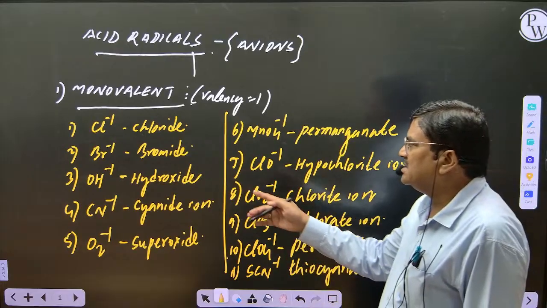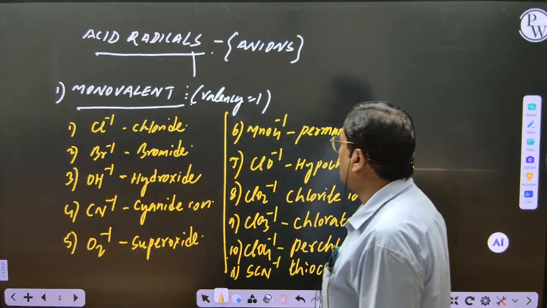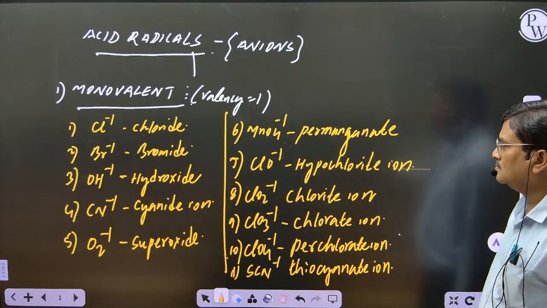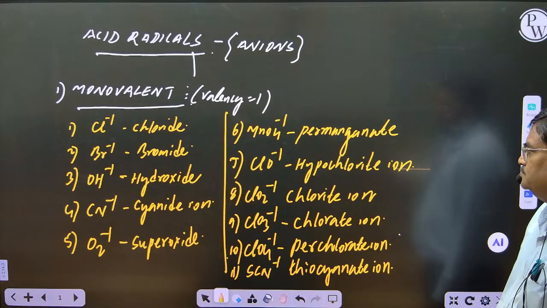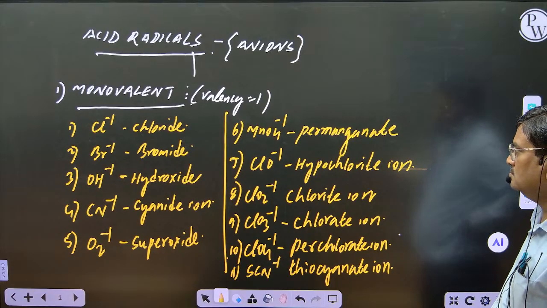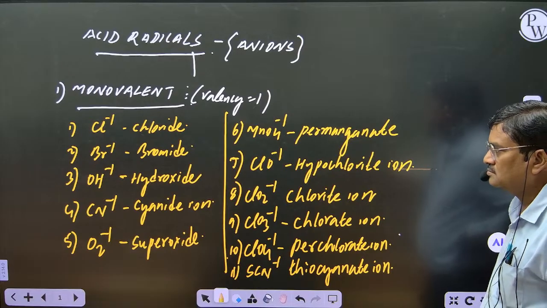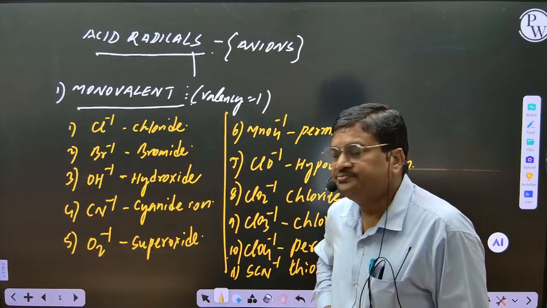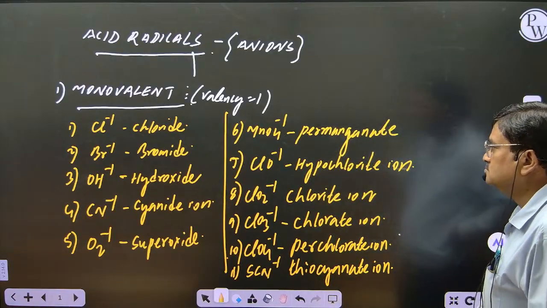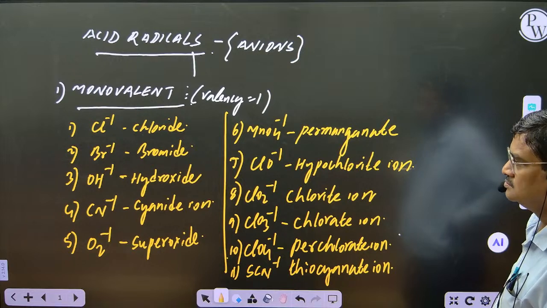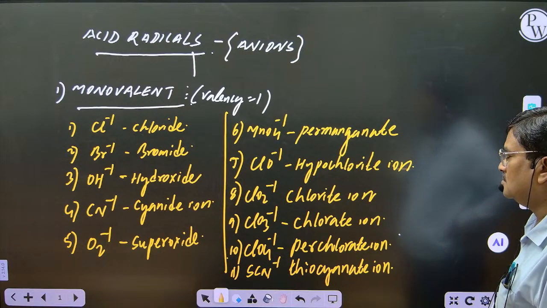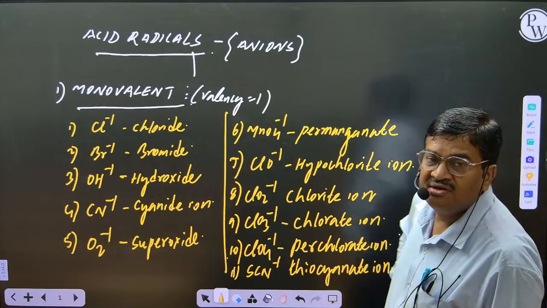Monovalent means whose charge is minus 1. Understood? So all these anions you have to remember.